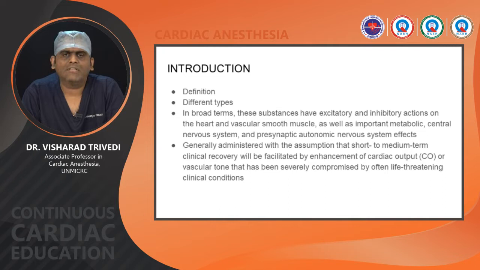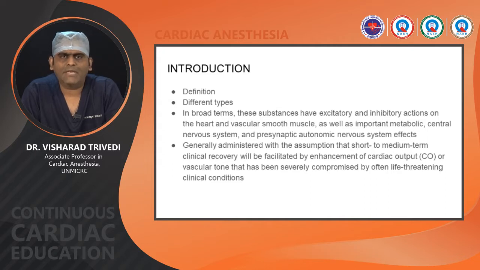However, we are concerned with the inotropic action of the drugs, and inotropy means any drug that will increase the contractility of the myocardium of the heart. So whatever drugs we are going to see in this lecture are all inotropes, and all of them increase the contractility of the heart. There are various types of inotropes available in the pharmacy, mainly classified into catecholamines and non-catecholamines.